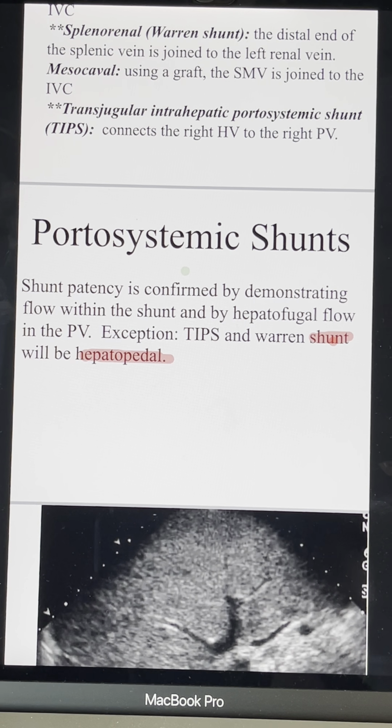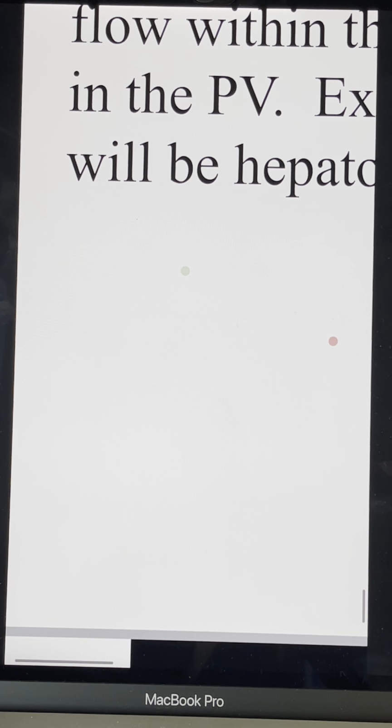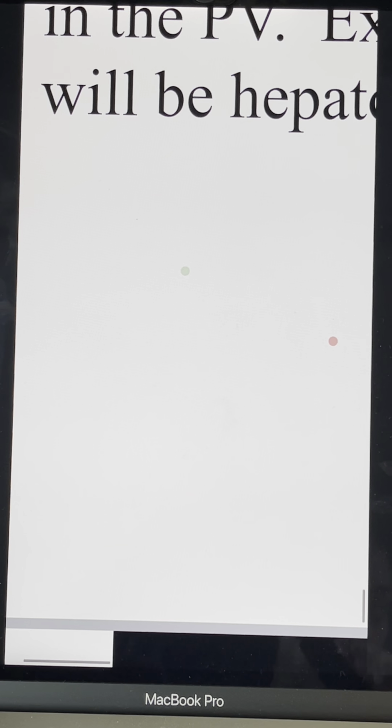So please know that inside the shunt, it is going to be hepatofugal in TIPS and Warren, but in portal vein, it is going to be hepatopetal in TIPS only. And I will just write all together so that we know what exactly it is.